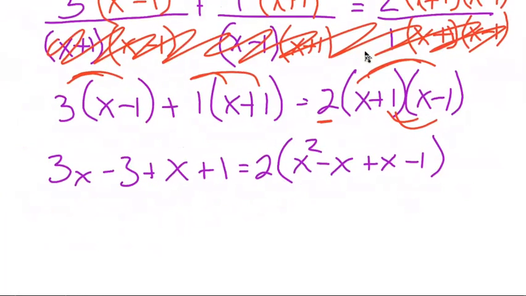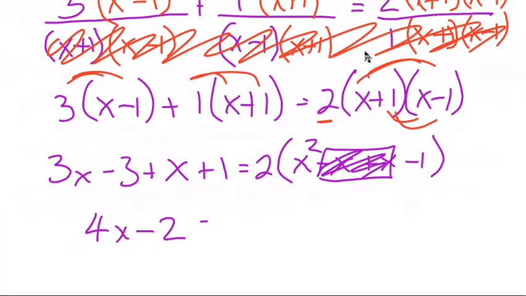These will cancel, so it's just x squared minus 1. 3x plus x is 4x. Minus 3 plus 1 is minus 2, equals 2x squared minus 2.